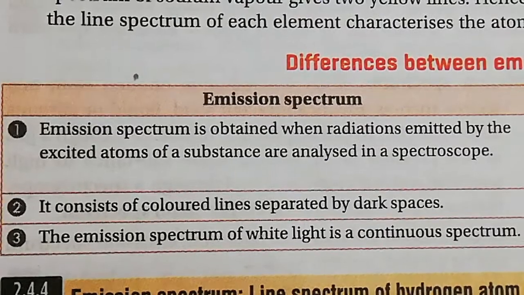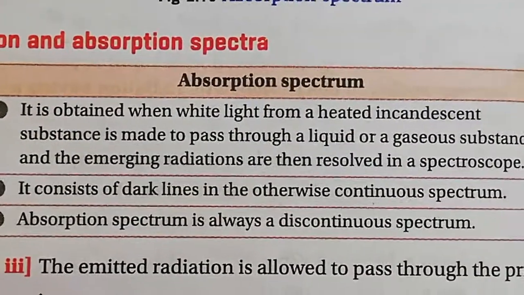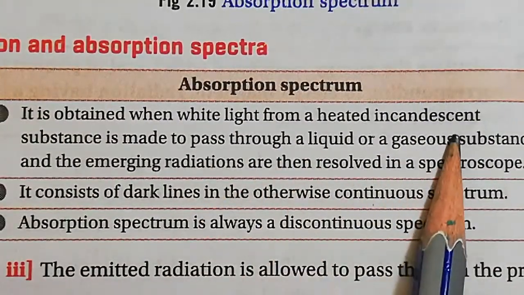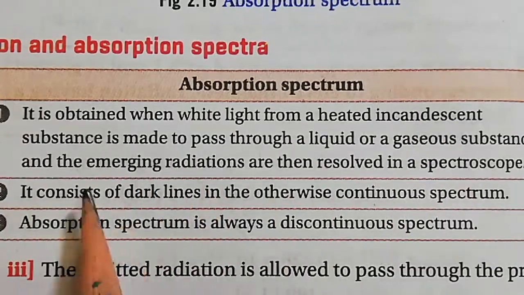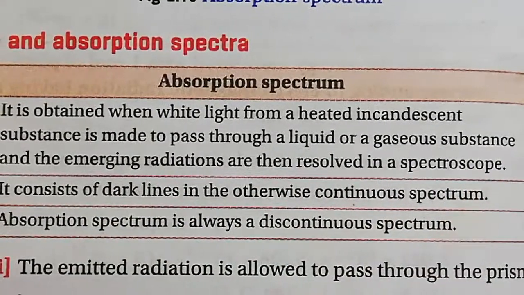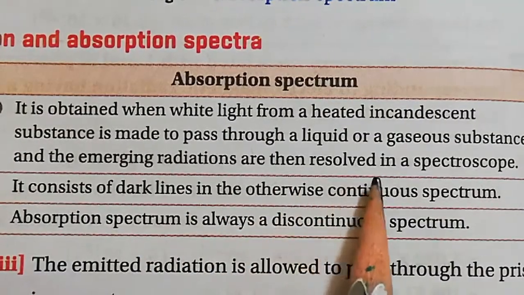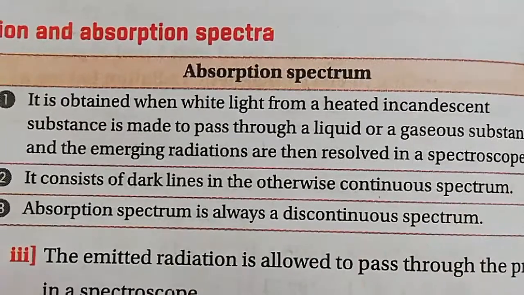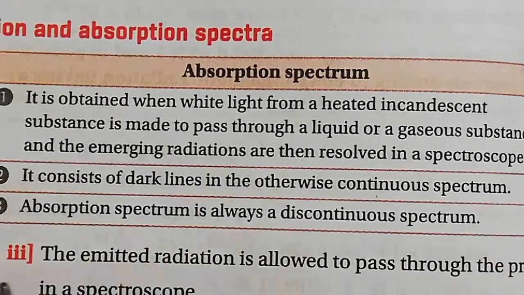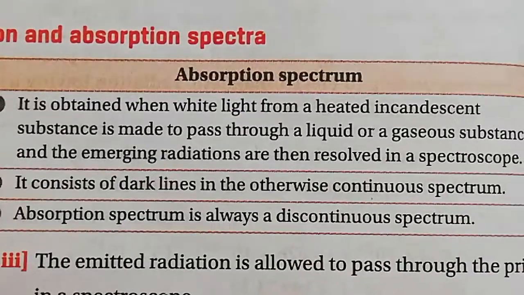But what about the absorption spectrum? It is obtained when white light from a heated incandescent substance is made to pass through a liquid or a gaseous substance, and the emerging radiations are then analyzed in a spectroscope. It consists of dark lines in the otherwise continuous spectrum. Absorption spectrum is always a discontinuous spectrum.